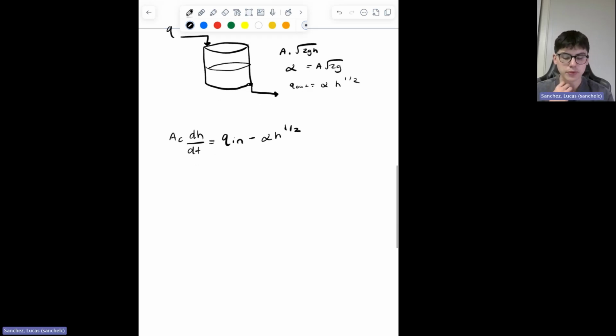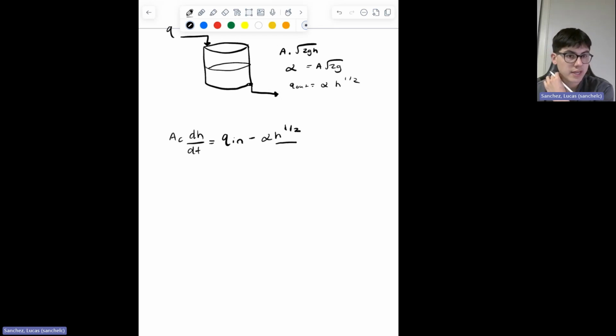Now, if we want to use this expression in terms of the transfer function, we need to linearize it, because in order to obtain the transfer function, we're going to have to take the Laplace transform of the function, and in order to do that, we need a linear function. So how are we going to linearize this term h to the 1/2, because that's our nonlinear term here?